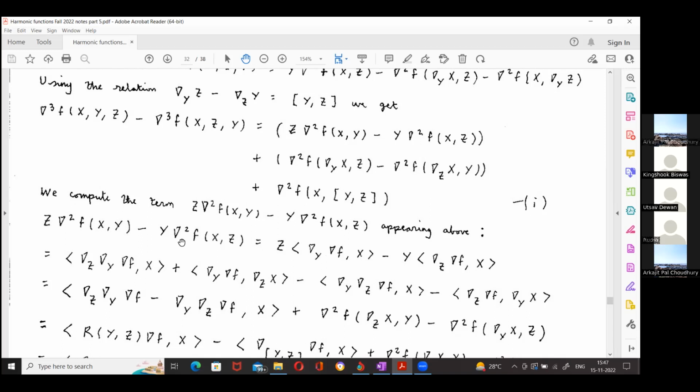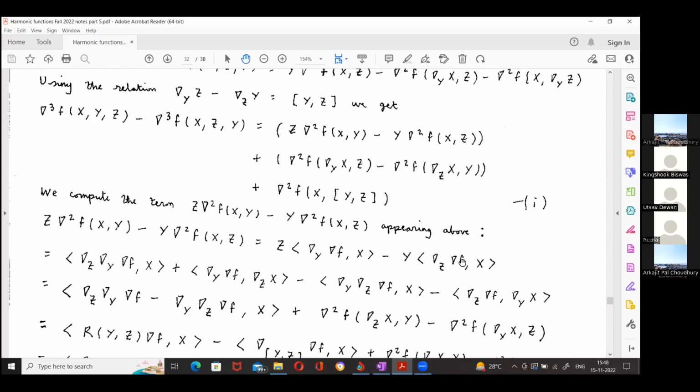Similarly, nabla squared f of x, z I can write as the inner product of nabla_z grad f with x. Now I use the metric compatibility. So z acting on this inner product will be a sum of two terms.